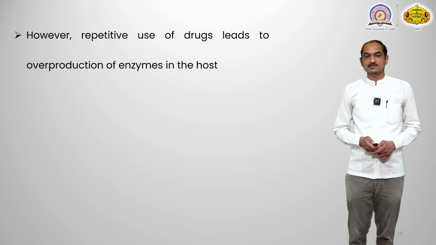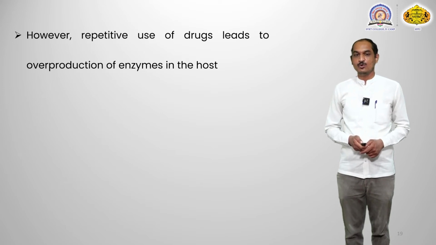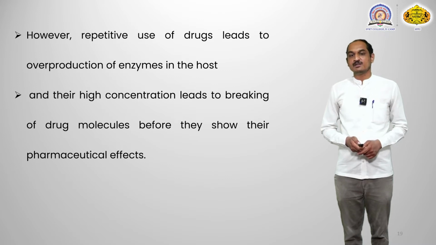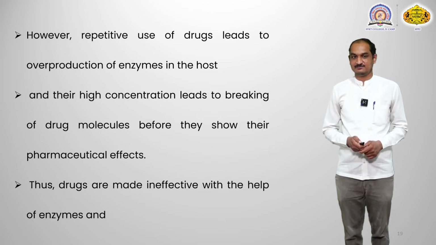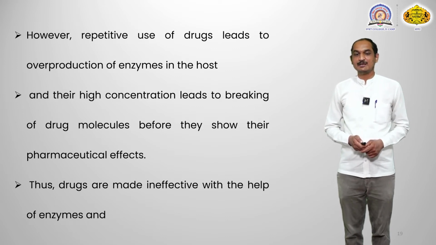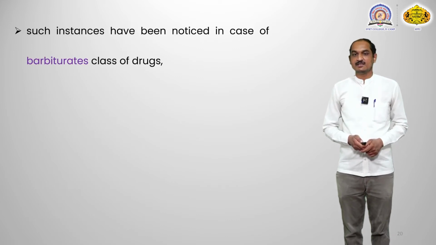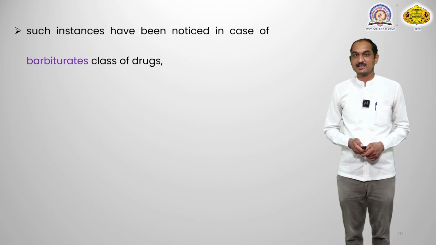However, repetitive use of a drug molecule leads to overproduction of enzymes in the host, and their high concentrations lead to breaking of drug molecules before they show their pharmaceutical effect. Therefore, the drugs are made ineffective with the help of enzymes, and such an instance has been noticed in the case of the barbiturate class of drugs.